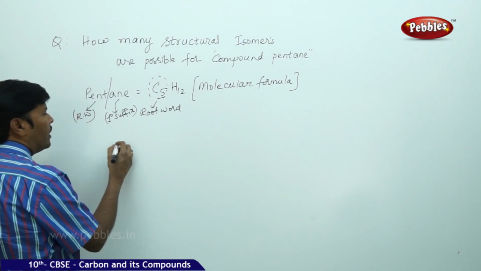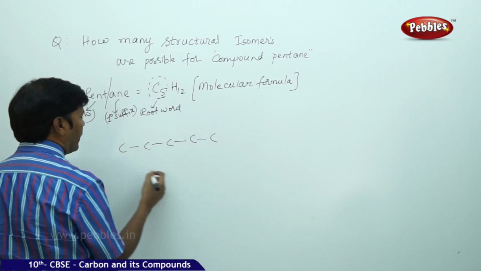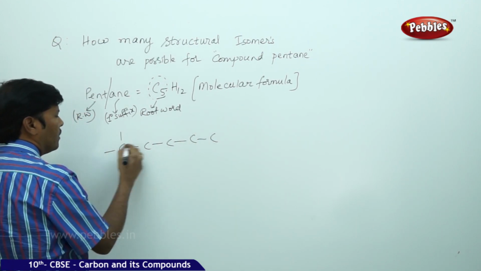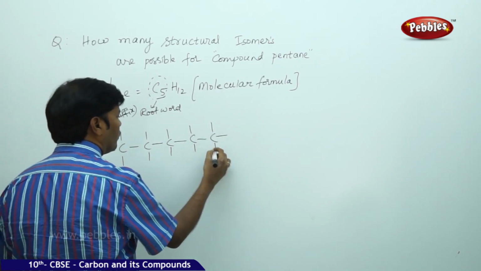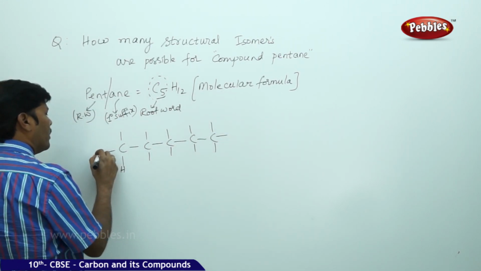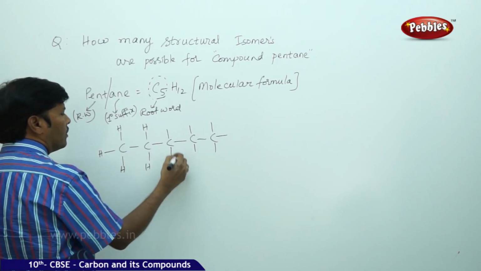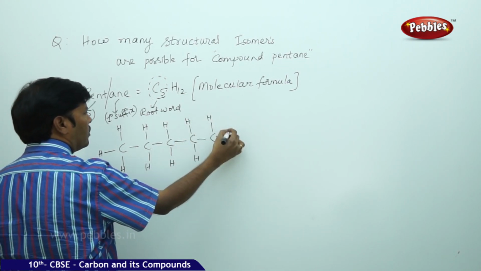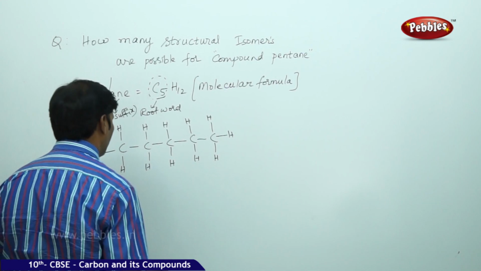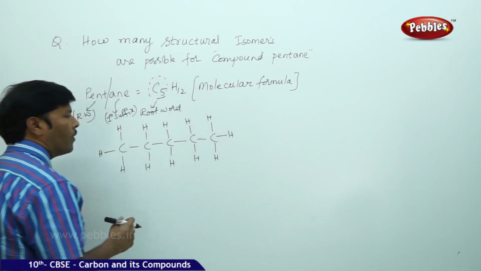First we'll go with the straight chain, 1, 2, 3, 4 and 5. Satisfy the tetravalencies, then attach the number of hydrogens: 3 hydrogens, 2 hydrogens, again 2 hydrogens, and so on. This is the expanded structural formula of pentane.